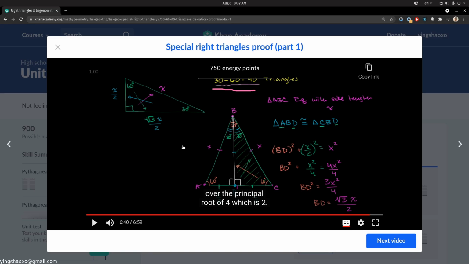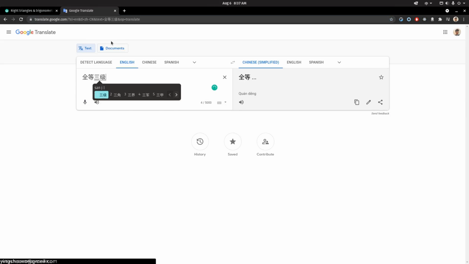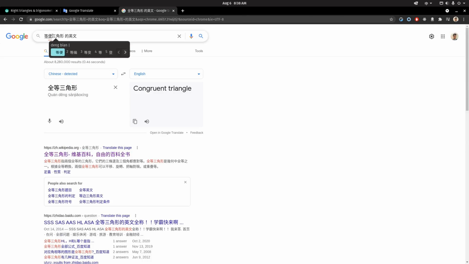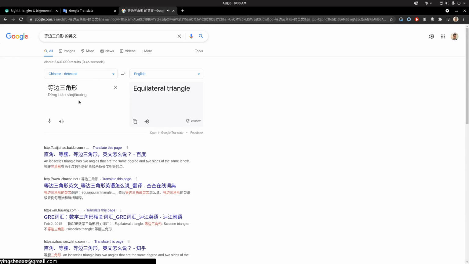I guess that's it, but alright, I'll just do a search for it. Equilateral triangle. Okay, here we go. They call that kind of triangle an equilateral triangle.